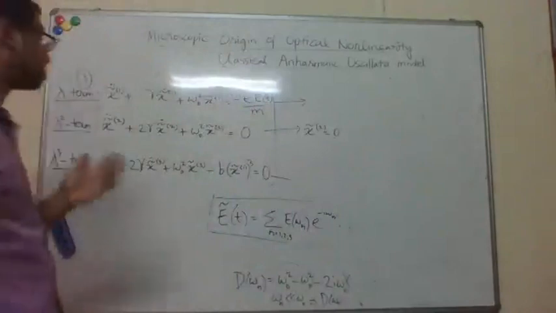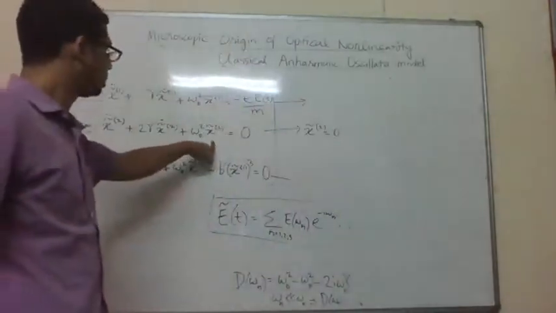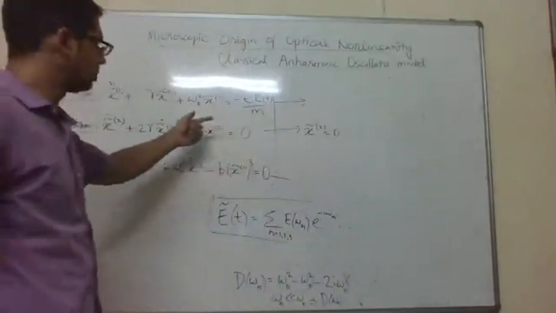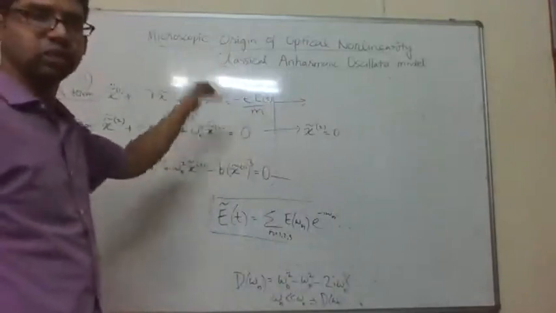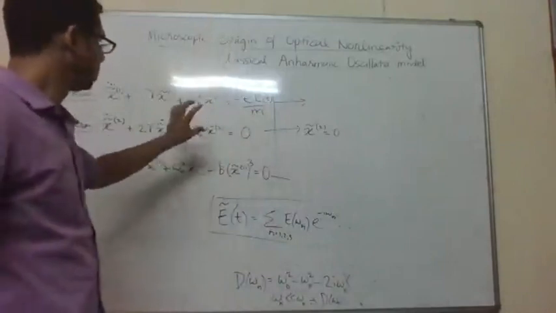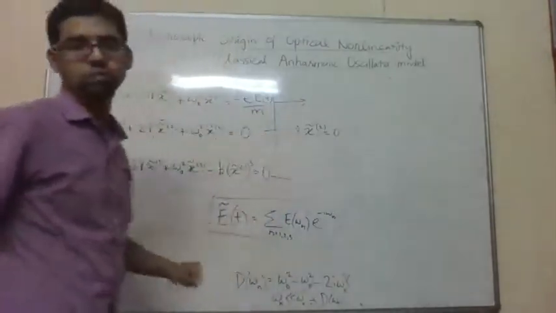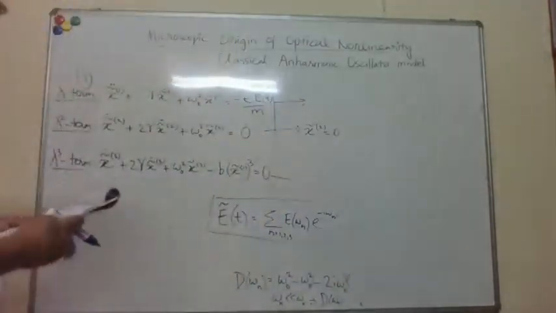So the second order response vanishes because again we are starting from a centrosymmetric potential, and this was the inversion symmetry breaking part, so that solution is 0.